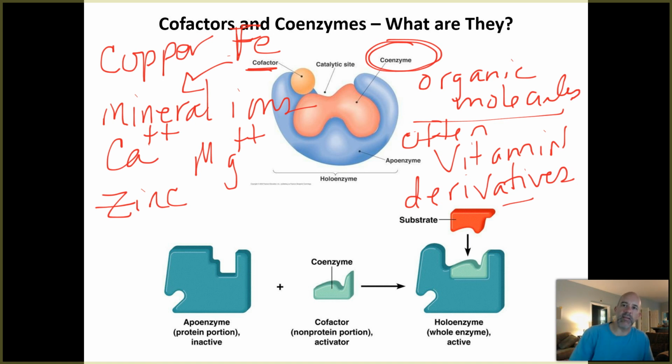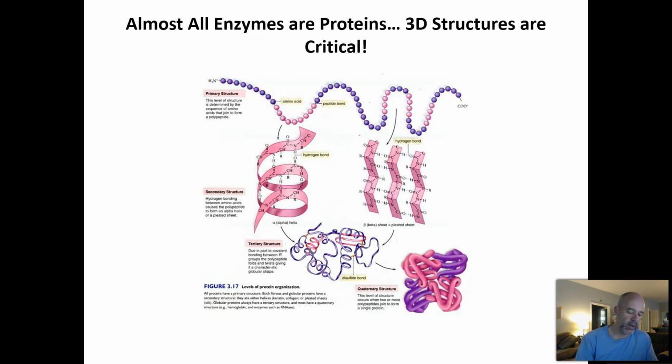They don't really fit into the protein, carb, lipid, or nucleic acid category. We cannot make them on our own. Our bodies don't make them, but we've got to have them because they are coenzymes for one or more enzymes that do important chemical reactions that help us stay alive. So that's what we mean by cofactor and coenzymes.